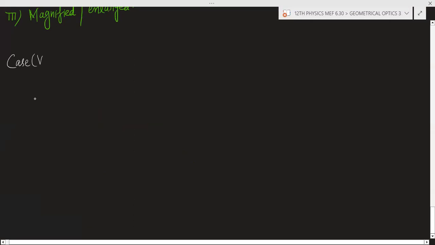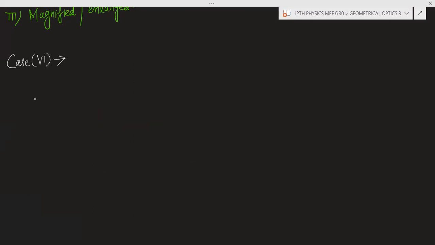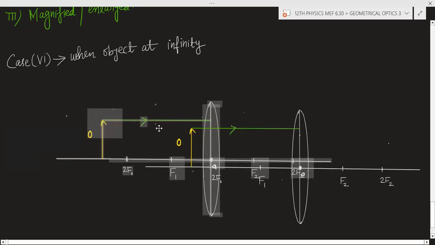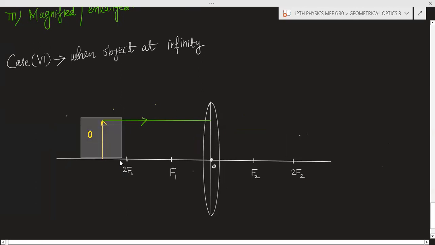Case sixth. When the object is at infinity, then there will be parallel rays from that object.